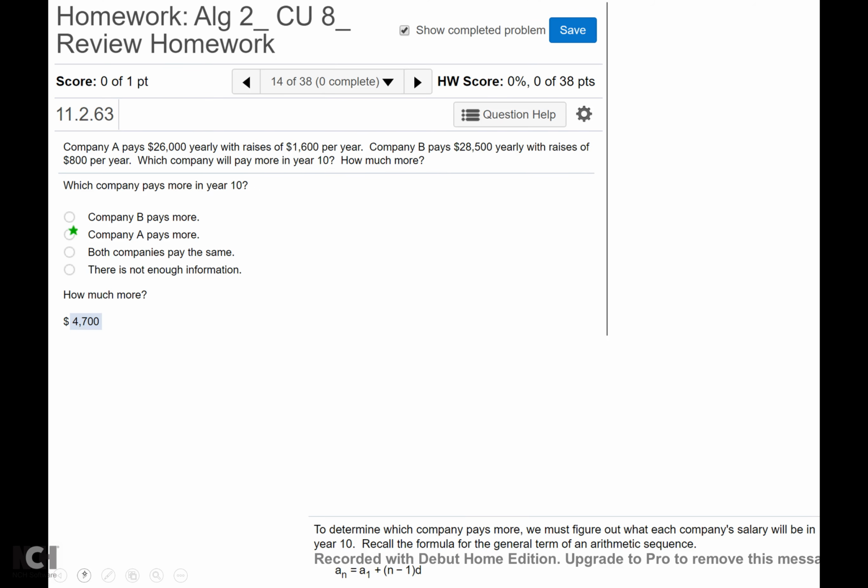Company A pays $26,000 with raises of $1,600 per year. Company B pays $28,000 yearly with raises of $800 per year. Which company will pay more in year 10 and how much more? Well, for Company A, the nth term will be the first term plus n minus 1 d's, right?